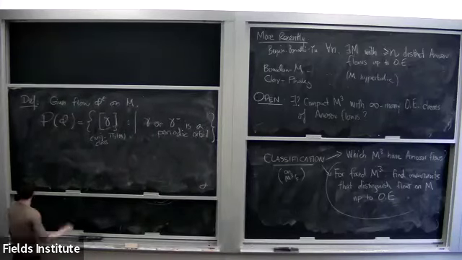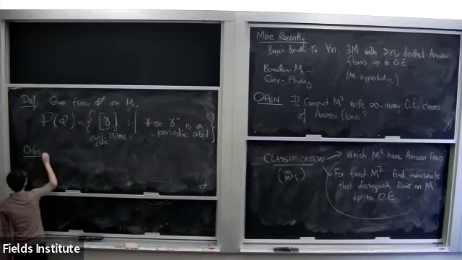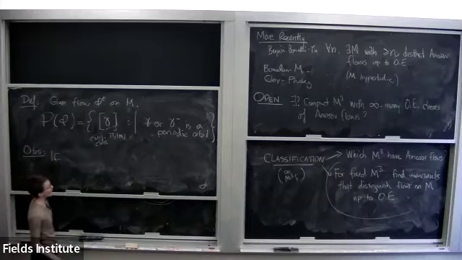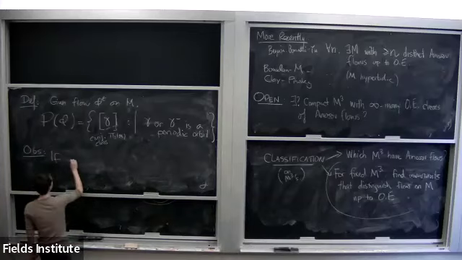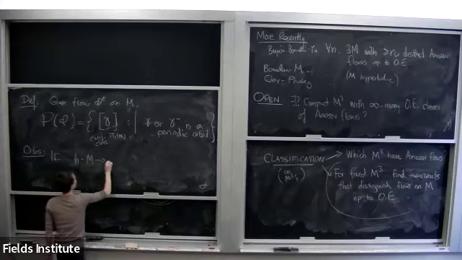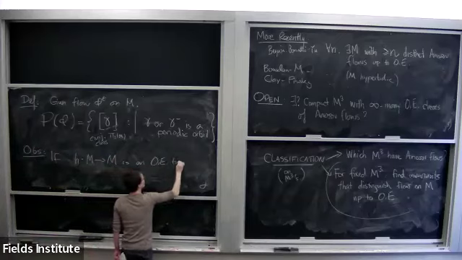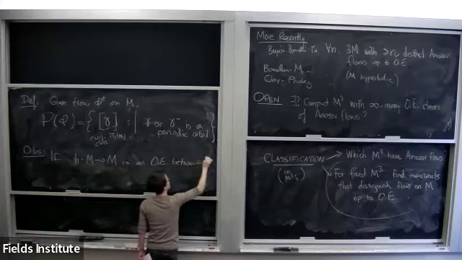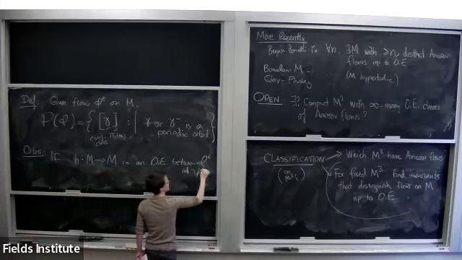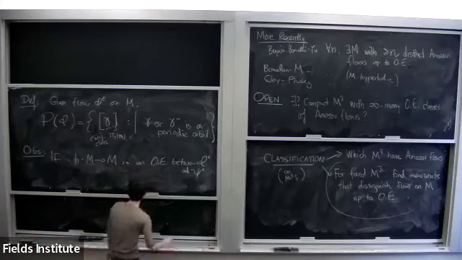So let's make an observation. If I have an orbit equivalence between two flows, then it carries this data along, right? If, what did I call it? H, M to M is an orbit equivalence between, let's say, phi and psi. I'm dropping the t's here kind of lazily because I don't really care about time.